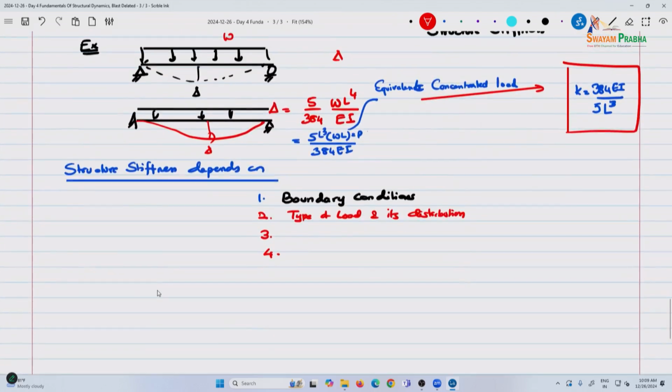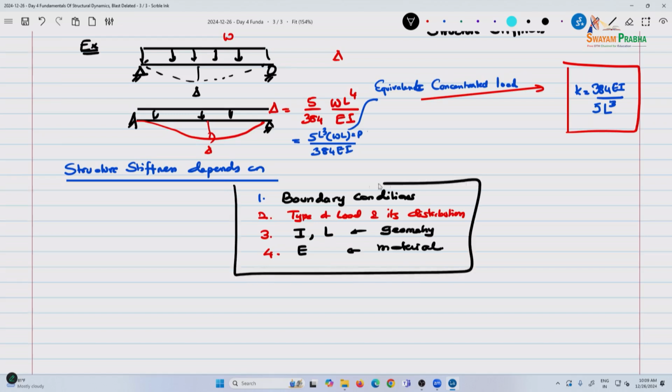Moment of inertia and the shape, so geometry. So moment of inertia and what else? Length, span. So geometry plays a part, and finally the material properties. So 4 different things affect a structural stiffness.